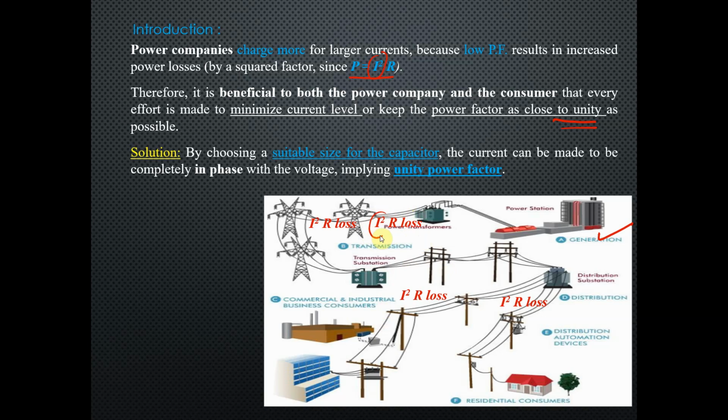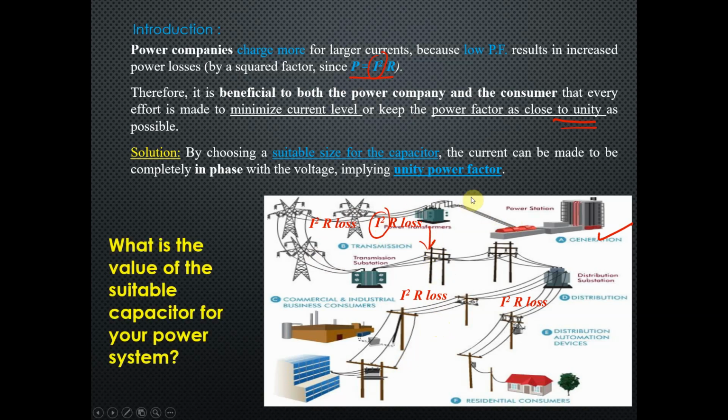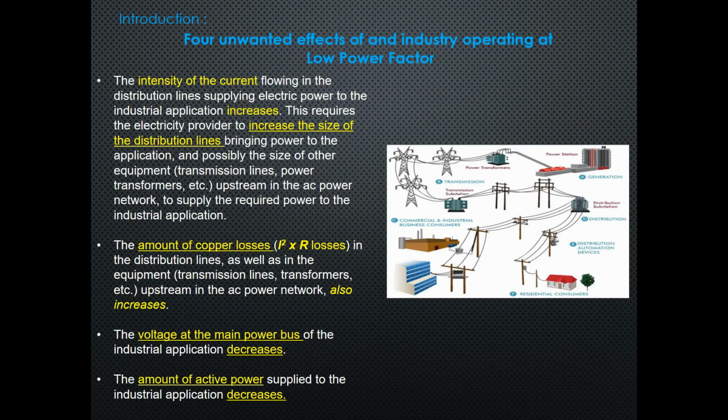Again, if I is very large and you square it, we will have a large amount of power loss in the transmission line. So the objective of power factor correction is to reduce the current so that the power loss will be reduced also. But the question is, what is the value of the suitable capacitor for your power system to make it unity power factor? So we need to have a basis for that.